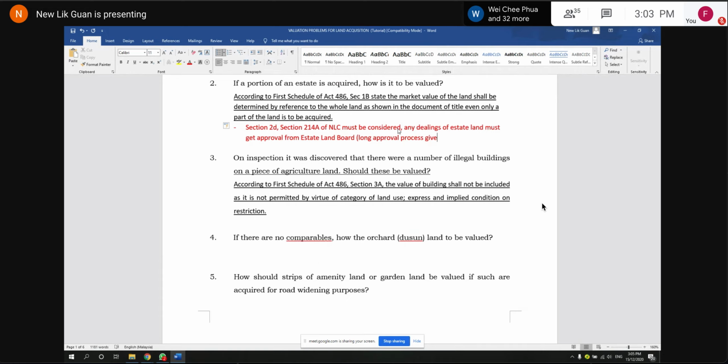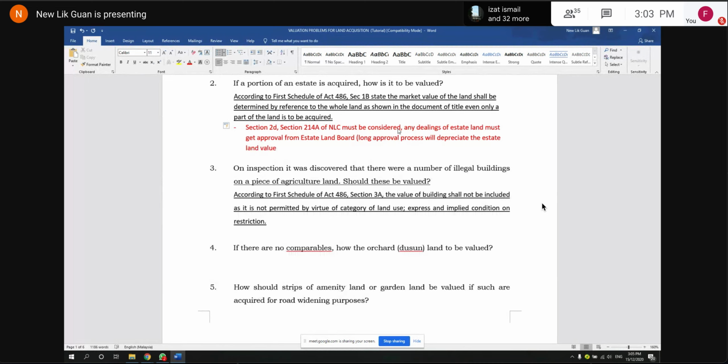This section is about trying to control fragmentation of the estate. Due to that, the value of estate land becomes lower as compared to smallholding.